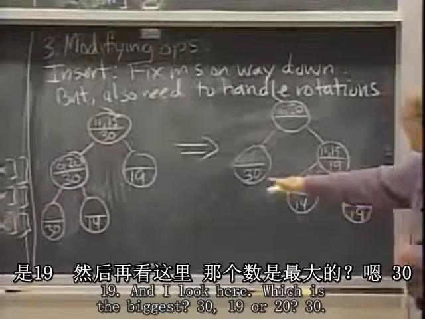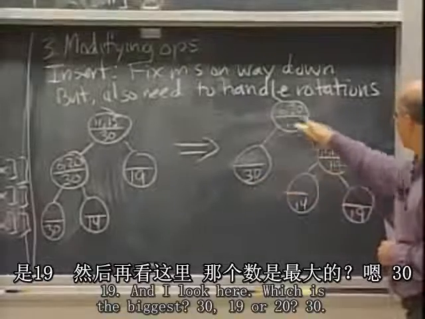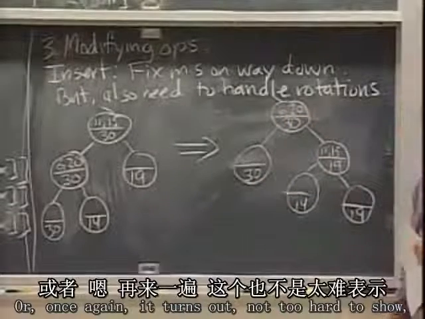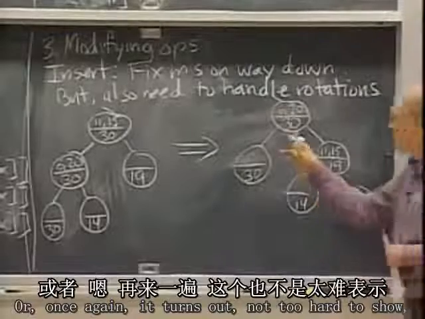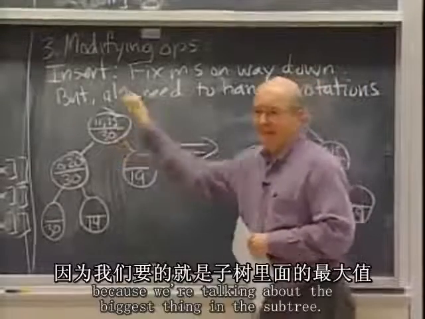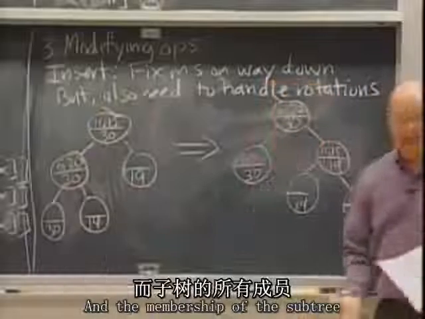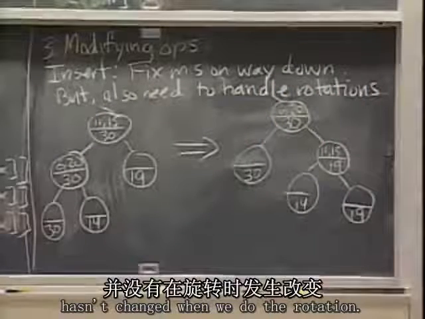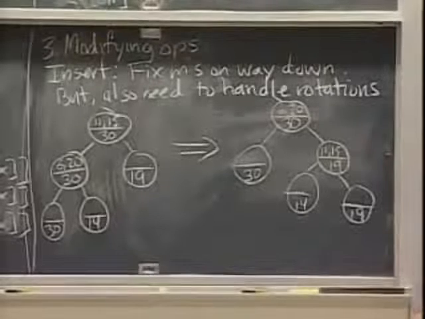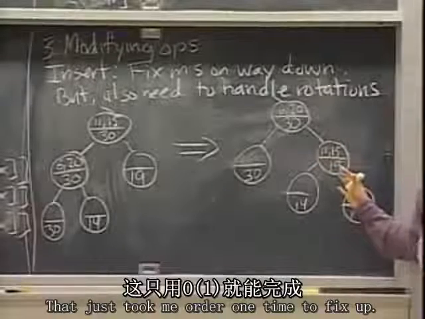And I look here, which is the biggest, 30, 19, or 20? 30. Or once again, it turns out, not too hard to show, that it's always whatever was there, because we're talking about the biggest thing in the subtree, and the membership of the subtree hasn't changed when we do the rotation. Okay? So that just took me order one time to fix up.